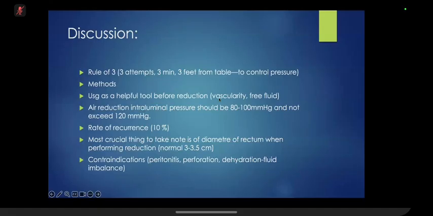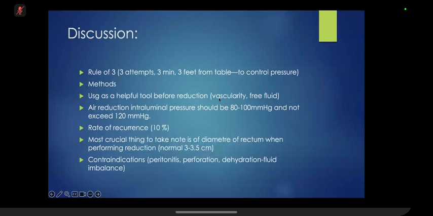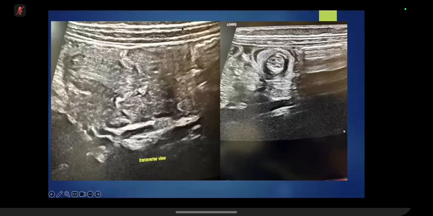Yes, bowel obstruction is a contraindication for pneumatic reduction. I will tell you about the relative and the absolute contraindications. So not on the fluoro. On the ultrasound, yes, I showed you one, I will show you once again. There was one transverse view, yeah, this one.